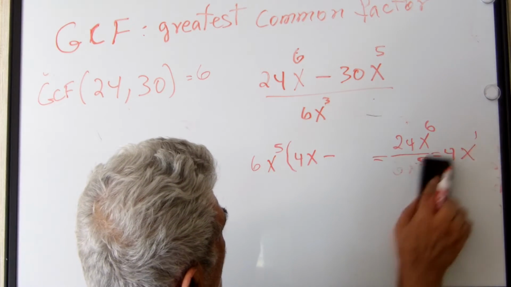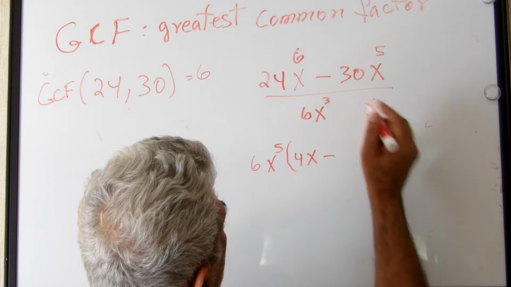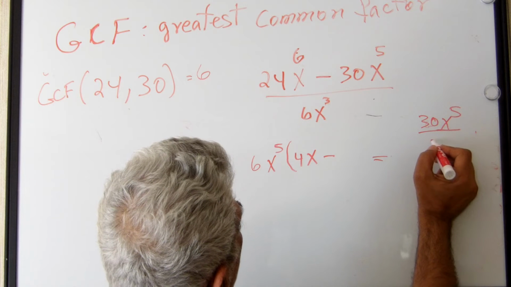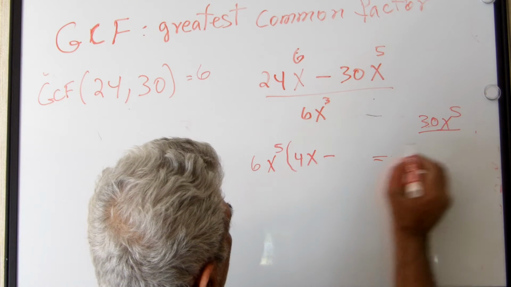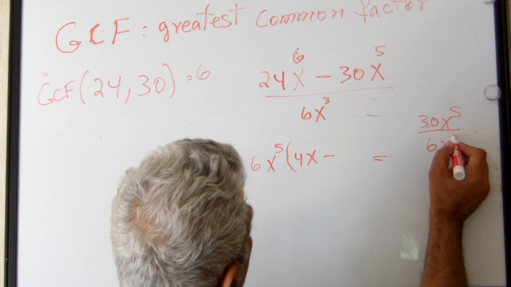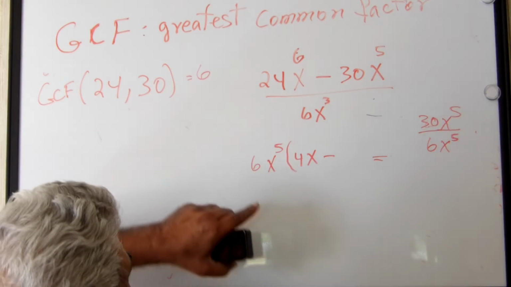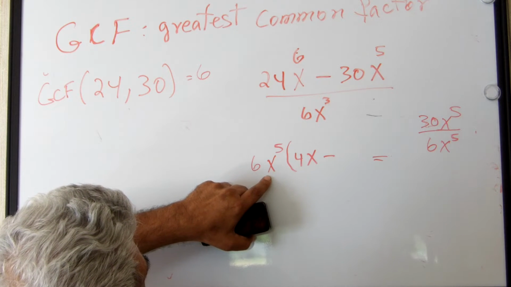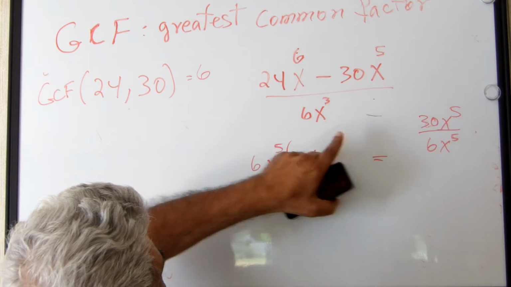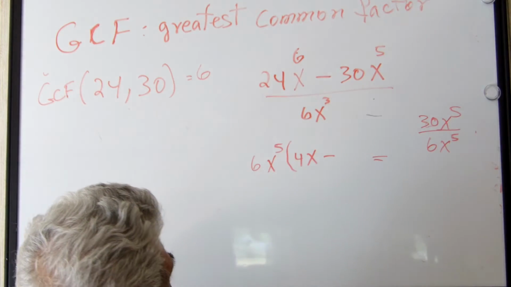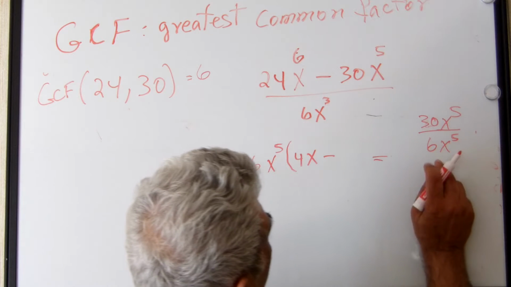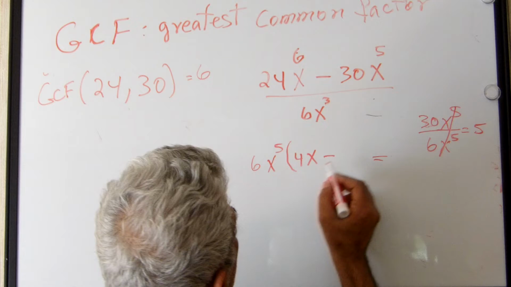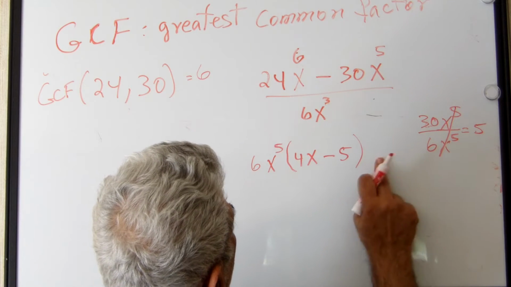The same thing we do for this one: 30x to the power of 5 divided by 6x to the power of 5. The x to the power of 5 cancels out. 30 divided by 6 is 5, so we have 5.